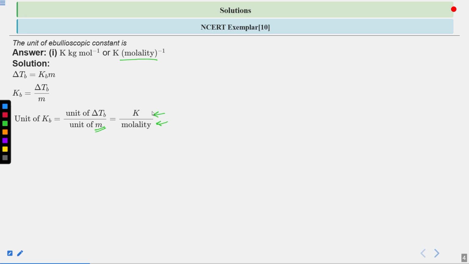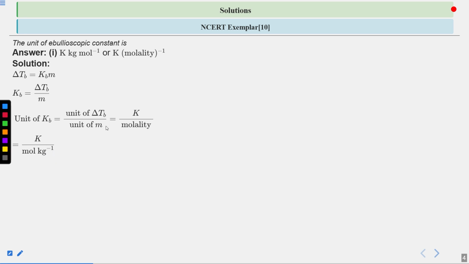Molality will go in the numerator and it will become Kelvin molality whole power minus 1. And you can also write it as Kelvin upon mole per kg, because molality is the number of moles of solute divided by the weight of solvent in kilograms. That weight of solvent in kilograms is in the denominator, so it will come in the numerator with the power minus 1, along with the mole.